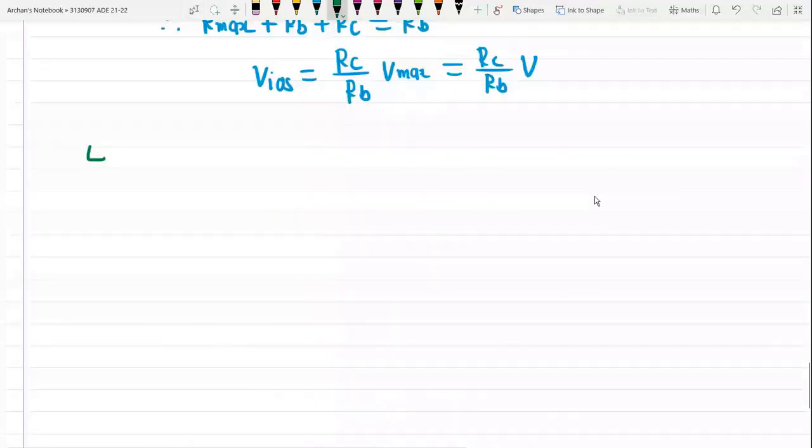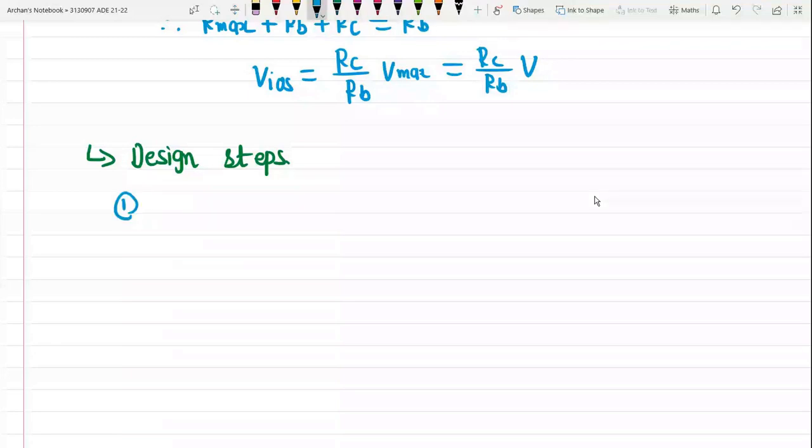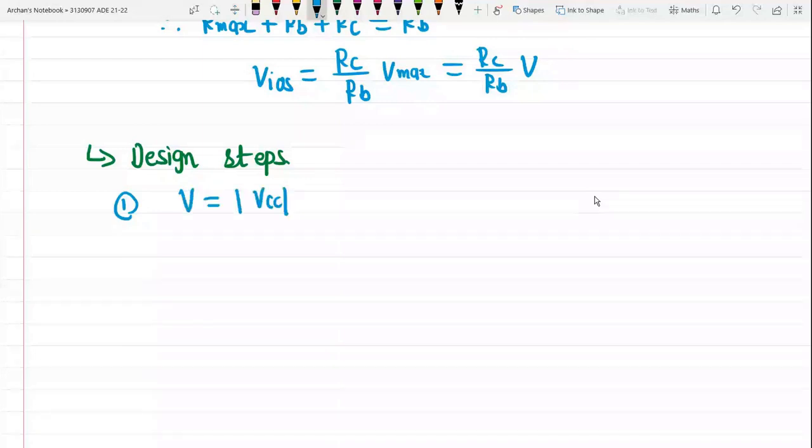So let us go through these design steps one by one. First, we will identify the magnitude of the supply voltage. This is nothing but V, so V will be equal to either VCC or minus VEE. Generally, it is 12 volt or 15 volt in our case.